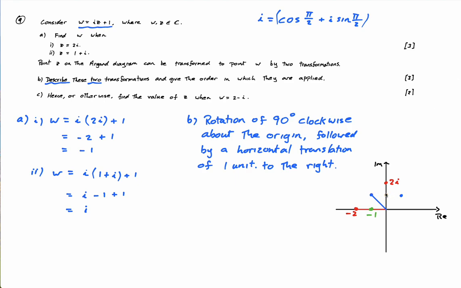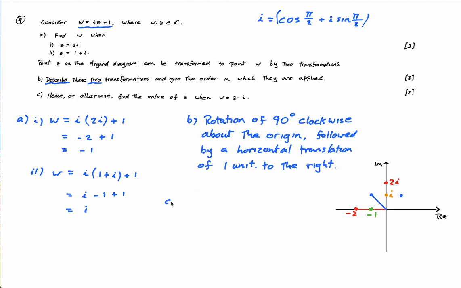Translate it 1 unit to the right. What is this? Well, that's i, because it's 0 real, up i. So hope that makes sense. You don't even have to draw this diagram if you understand what's going on here. Multiplying by a complex number is the same as rotating it clockwise by its argument, which is the angle.